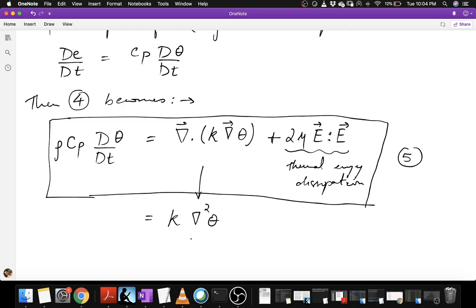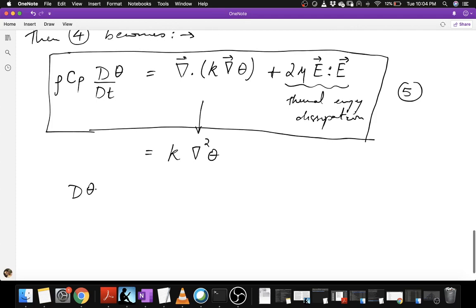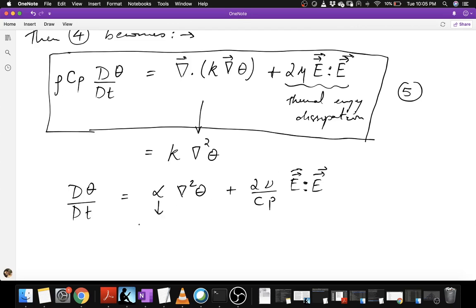Then this term takes the form of thermal diffusion, and it becomes even clearer if I take rho Cp to the other side, in which case I can write that the material derivative of temperature is equal to thermal diffusivity times the Laplacian of theta plus 2 times nu over Cp, E double dotted with E. Sorry, I forgot my tensorial notation. There we have it, where alpha is the thermal diffusivity.